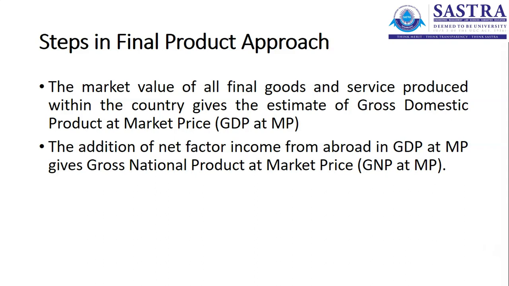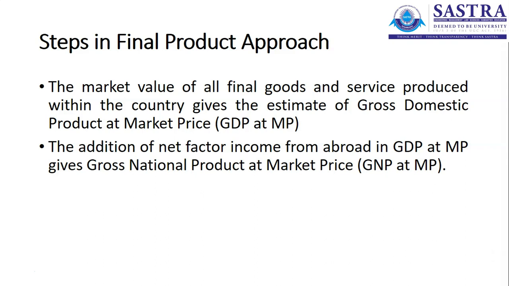So the final price, we are calculating the overall expenses. Based on the overall goods and services produced in the particular country, the number of goods manufactured in the industrial sector, or the output of the industrial sector, is multiplied by the market price.